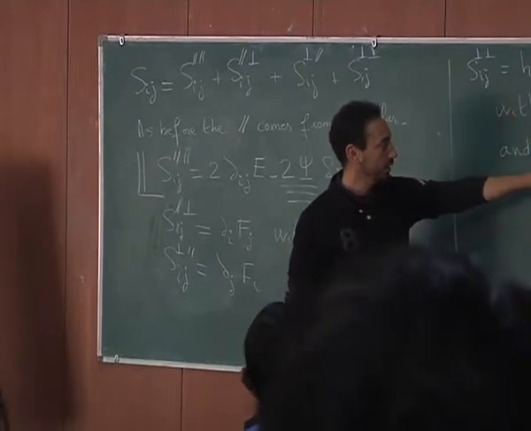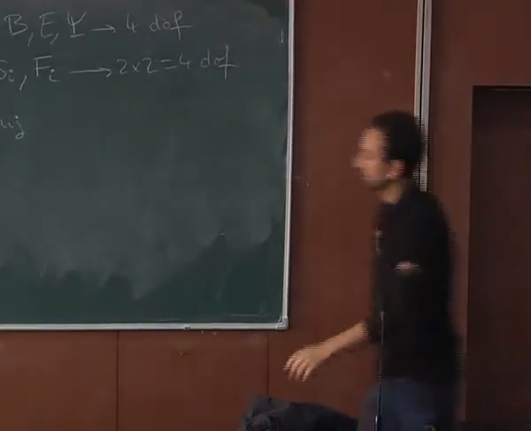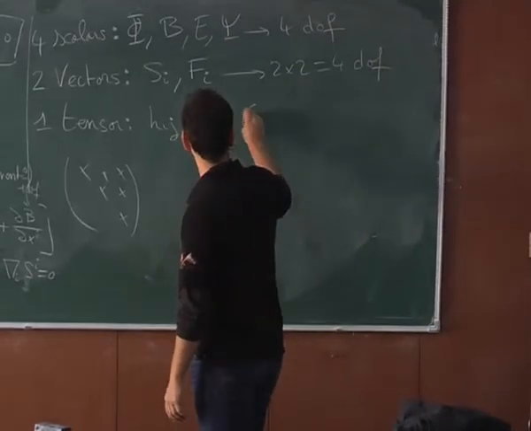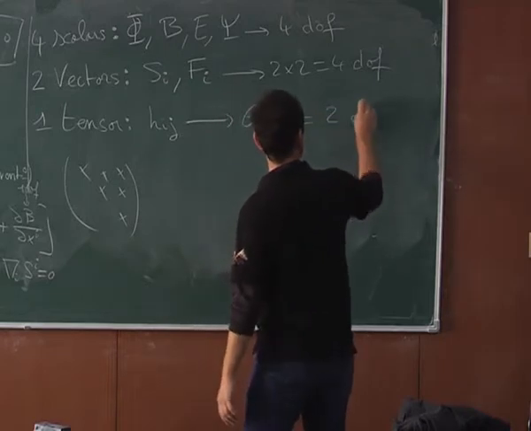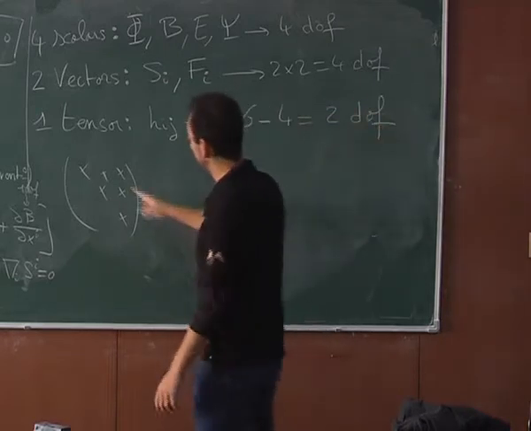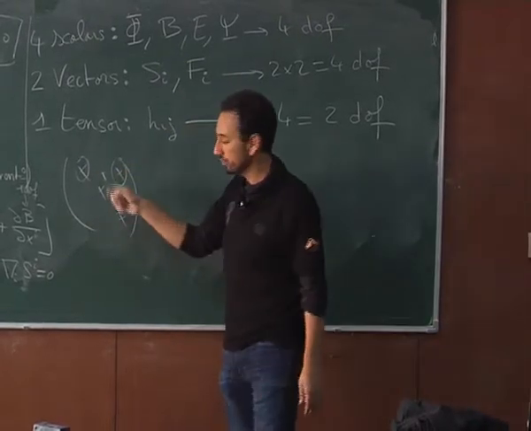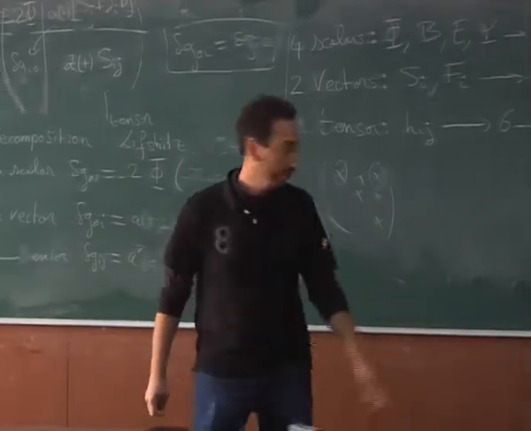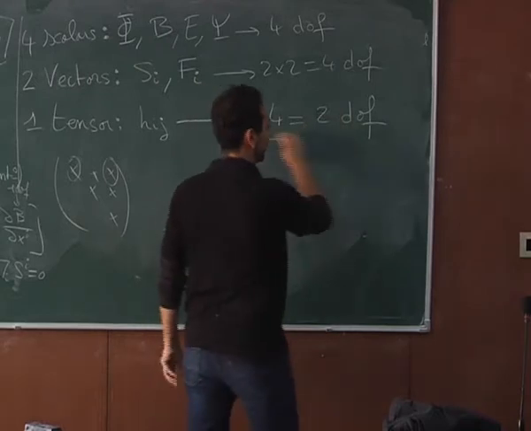And you also have the trace equal to 0, which is 1 constraint. So we have 4 constraints. You should have 6 degrees of freedom minus 4 for the constraints, so you have 2 degrees of freedom. Actually there are only 2 terms which are independent, for example this one and this one. The others are not, because you have these conditions on this matrix. So at the end, you have 4 degrees of freedom, plus 4, plus 2, is 10.